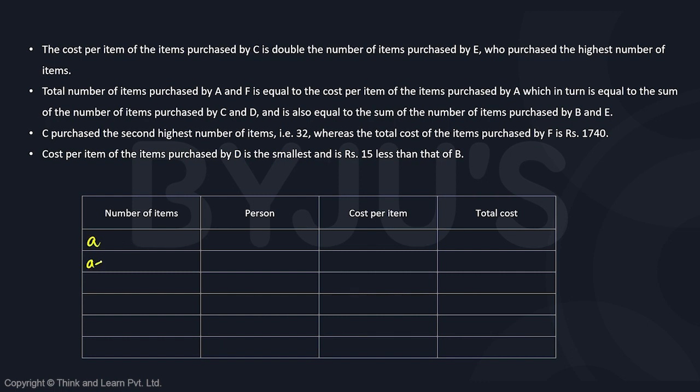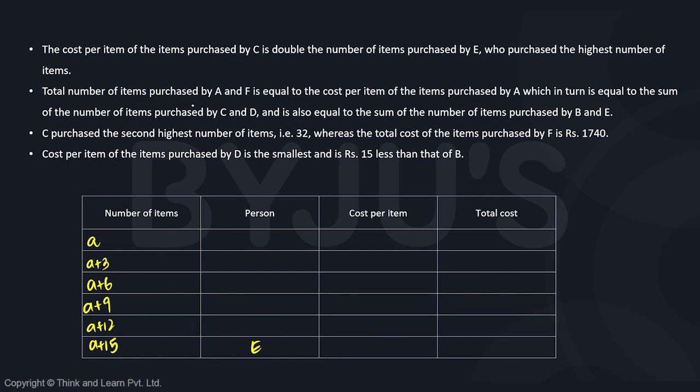So the way we had written A plus 3, A plus 6, A plus 9, A plus 12 and A plus 15, this is where E will go. Okay. And wherever C is going to be, the cost per item is going to be 2x. So since we don't know where C is going to be, let's ignore it for the time being.